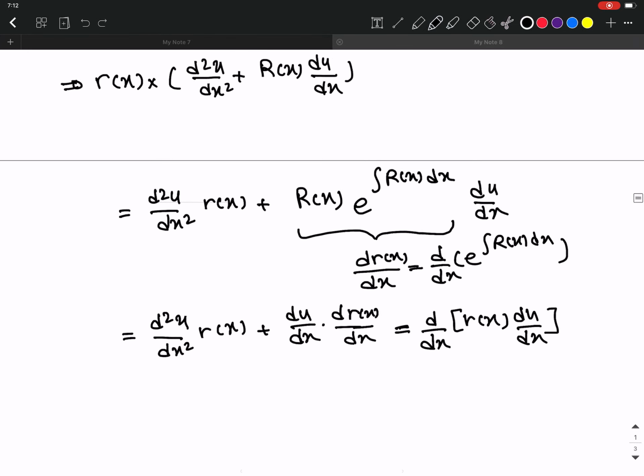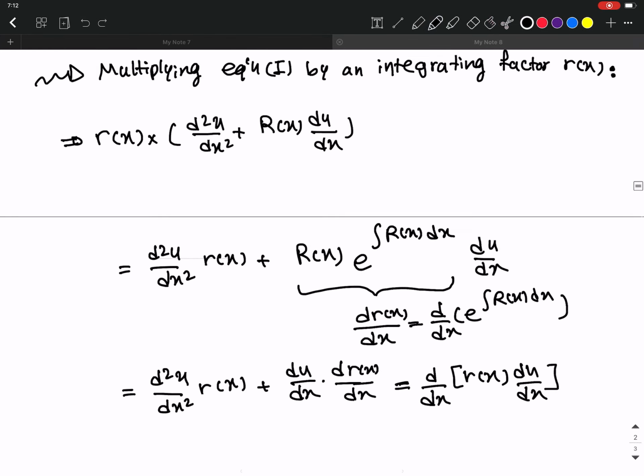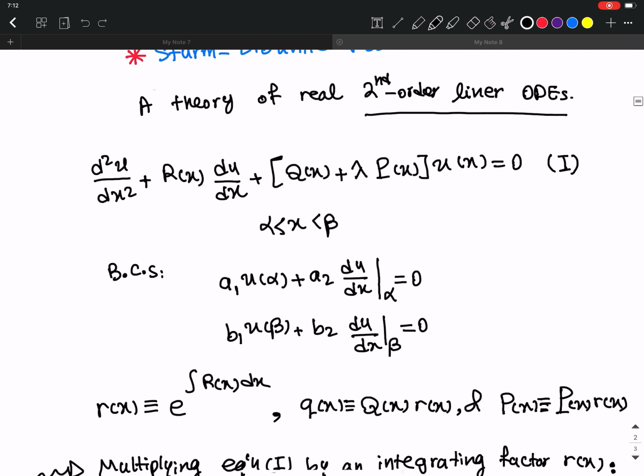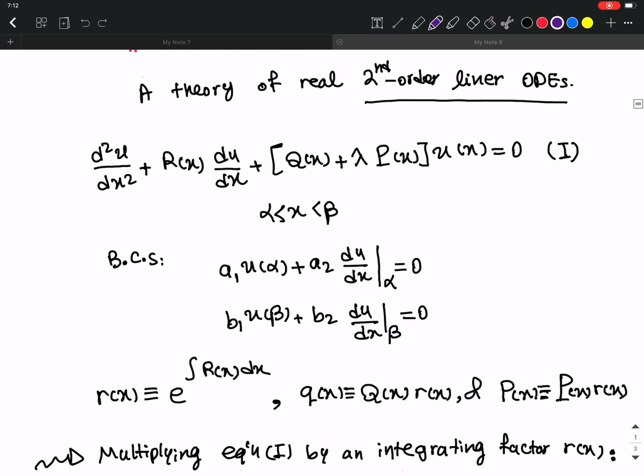Okay. So the first two terms, if you multiply them, you're going to get this simple form. And now let's go to the second and third term. If you multiply these by r(x), let's see what we'll get.